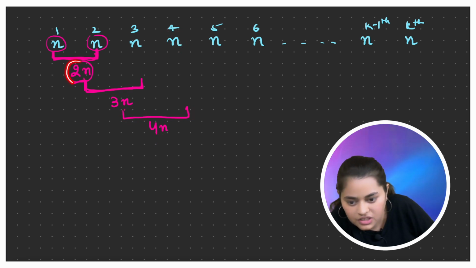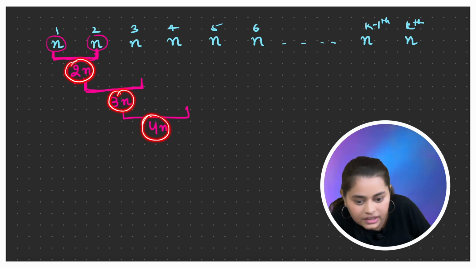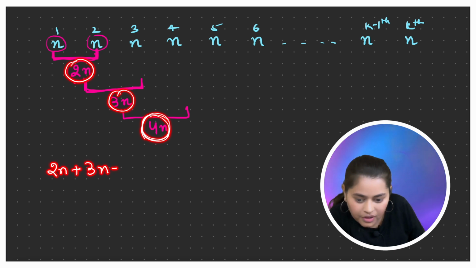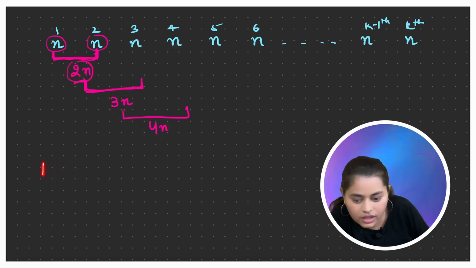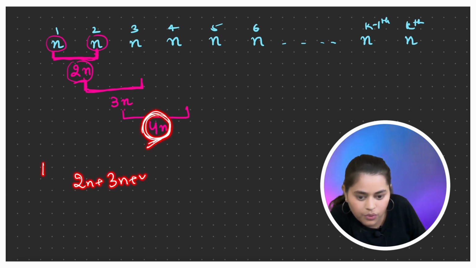So these operations are for combining these two lists, but the total operations we have done till this point will be 2n plus 3n plus 4n, right? First we combine two lists, then we combine the result of these two lists and n, then we combine the result of these and this, right? So the total number of operations till this point will be 2n plus 3n plus 4n, right?